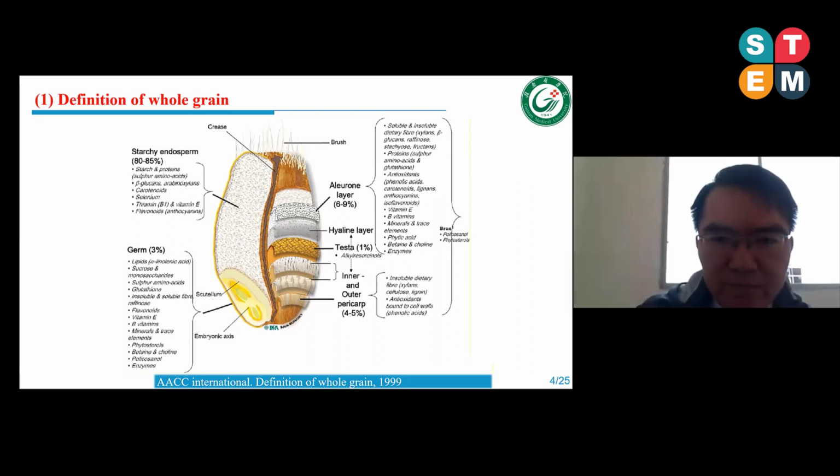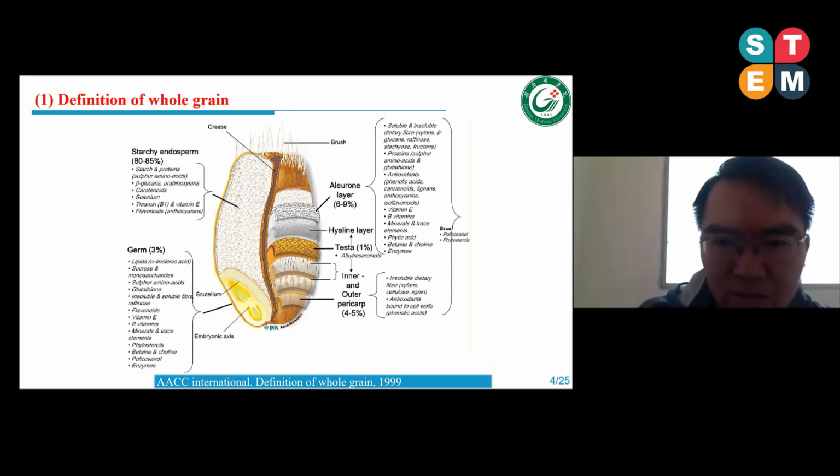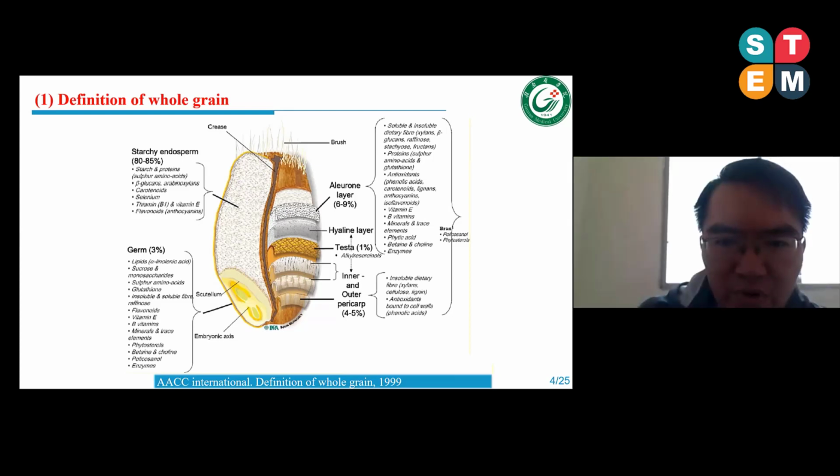Right. When you studied the antioxidant activity and the content, did you separate the components of the grain? Or did you extract from the bran? Yeah, we separated and extracted the phenolic compounds using some organic reagent.